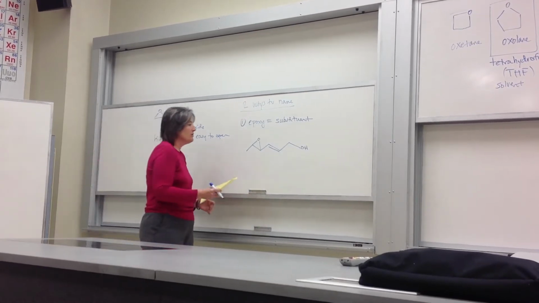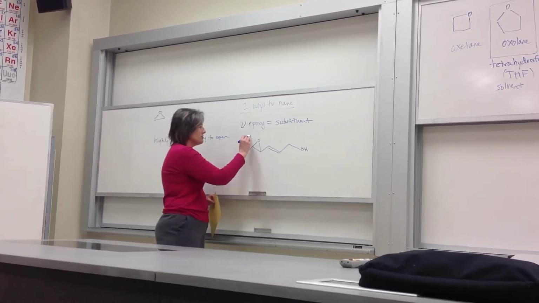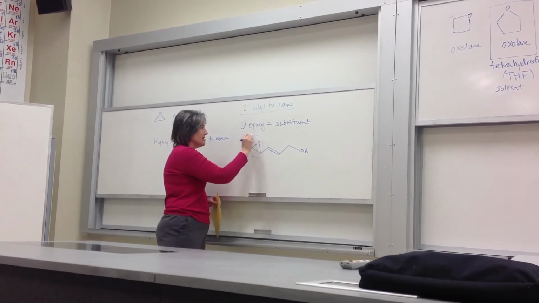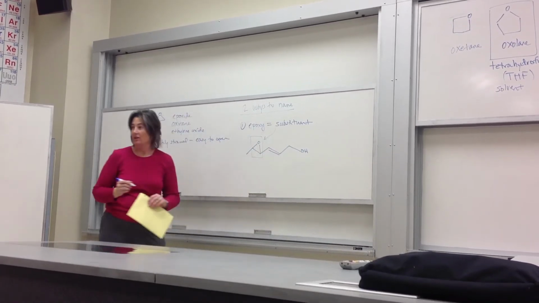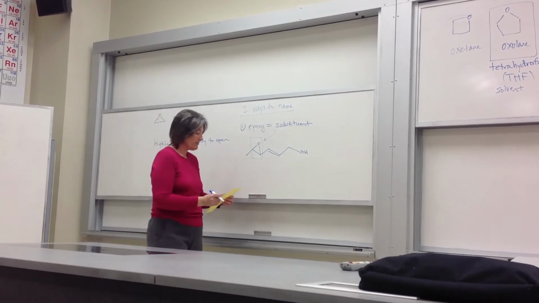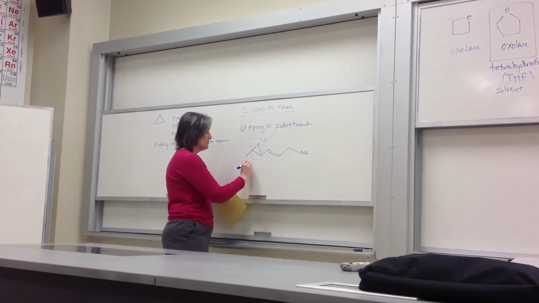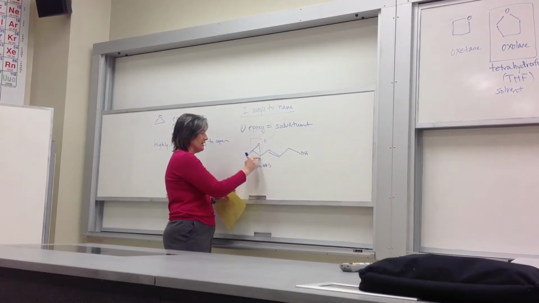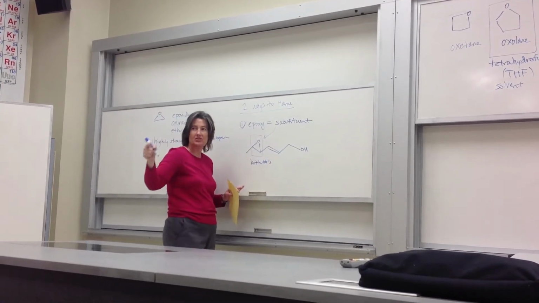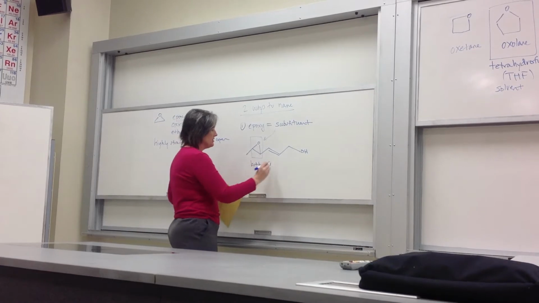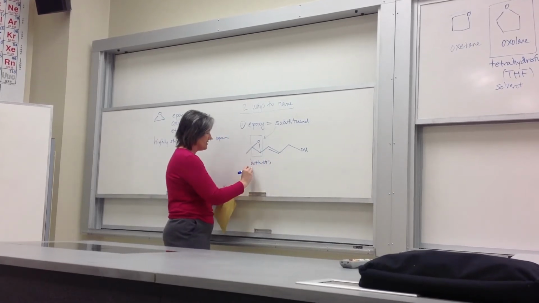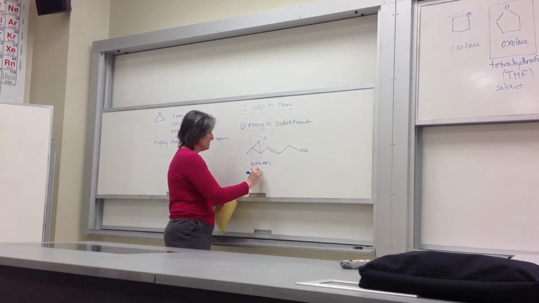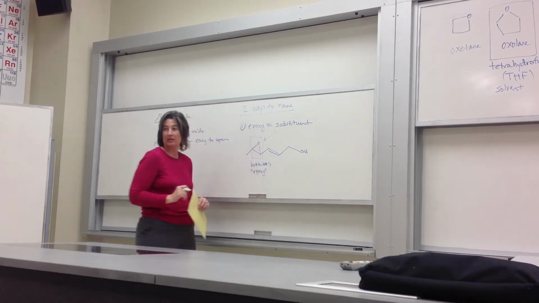But with this one, we are going to treat this as a substituent. The way they do it is they put both numbers that it's spanning. I don't know why they do both. If it does one, it has to do the other, whatever. So they put both numbers, and they call it an epoxy substituent.